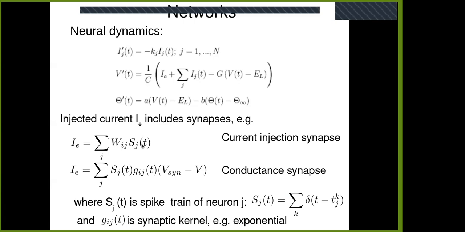The spike train is in the usual format, a sequence of delta functions. Or, somewhat more realistically, you could have a conductance-based synapse. In both cases you can take whatever kernel you want for your synapse. But given the other equations, it's very convenient to take an exponential decay because everything else is exponential. You don't have to, though; you can do something else.